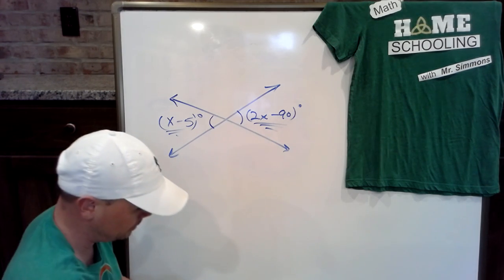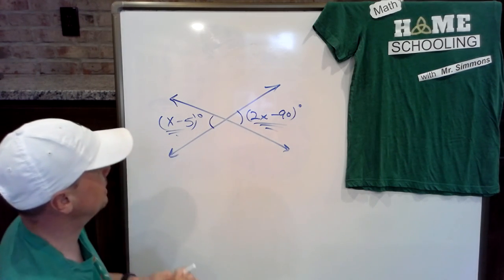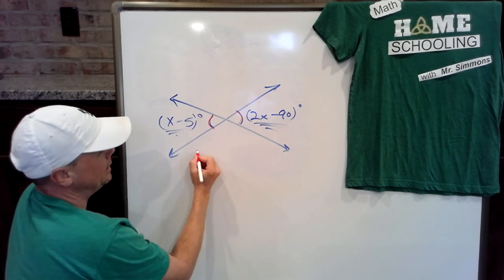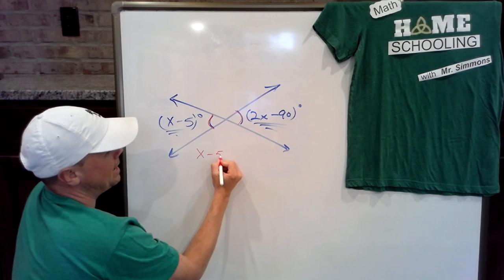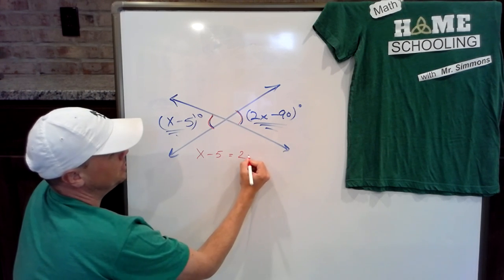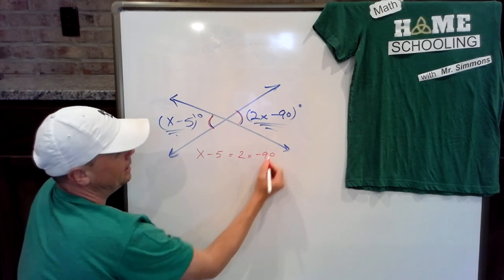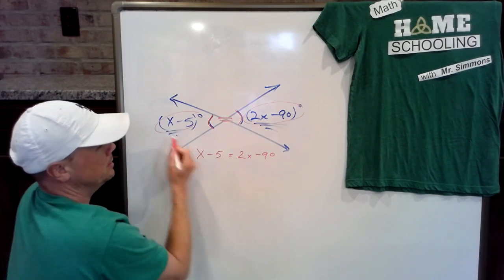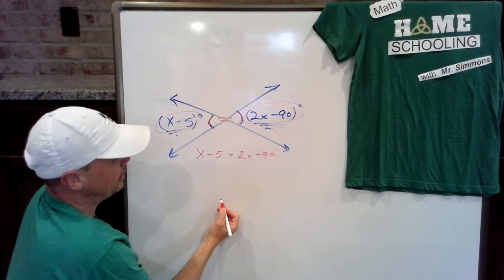So what do we know? We know that this angle, just like in our last picture, these two are equal to each other. And because they're equal to each other, we can set x minus 5 equal to 2x minus 90, because this right here has to be equal to this right here. So now I can solve for x.